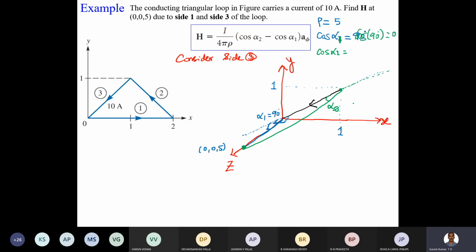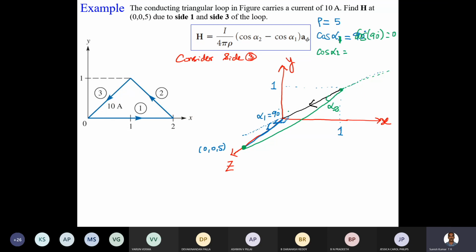Let's stop with this. Is there any problem in identifying alpha 1 and alpha 2? If you have doubt, you need to speak, otherwise I will move to the next step. So alpha 2 you need to calculate now.